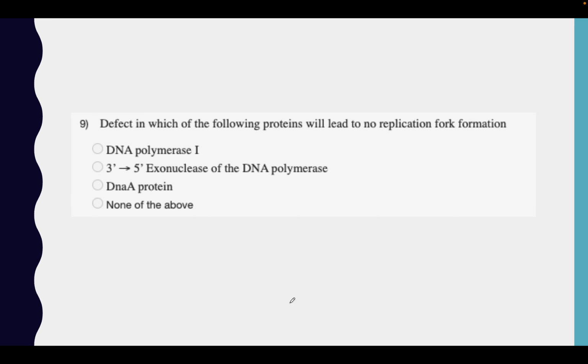It is not asking for no replication, it is asking for no replication fork. So which of the following proteins or enzymes would be involved in the formation of the replication fork, and a defect in which will lead to no replication fork?